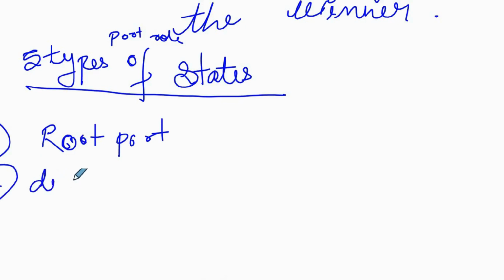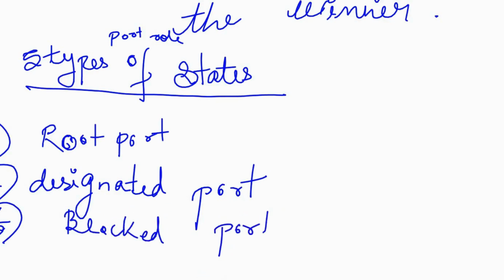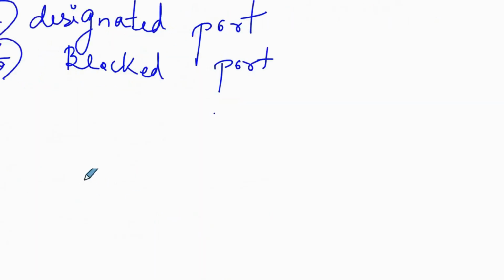Second is the designated port. Third is the blocked port: the port is blocked to prevent loops.